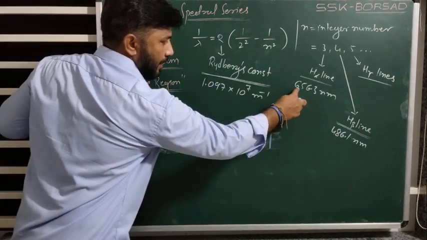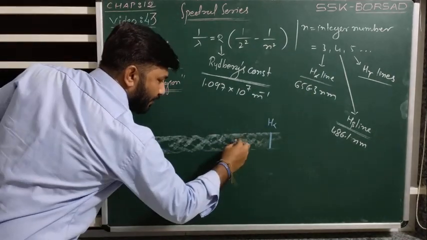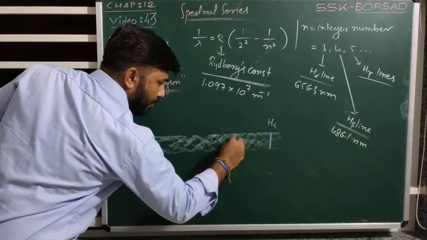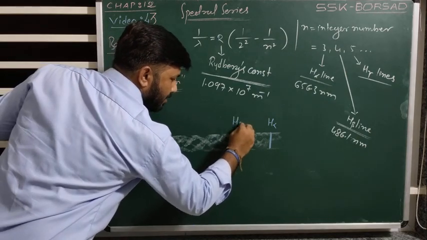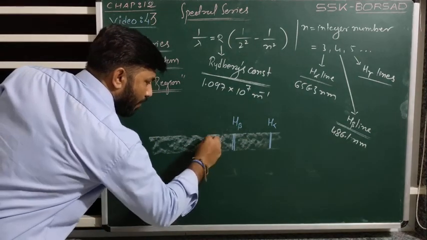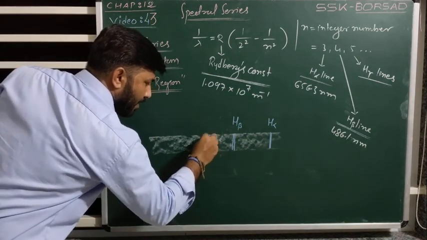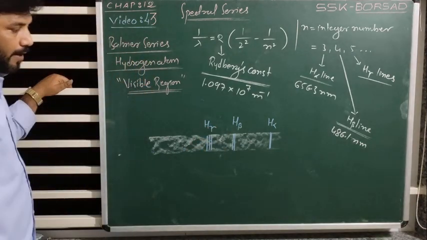Its wavelength is 656.3 nanometer. Then after some distance, which line will you get? H beta line. Then as you go away, the lines become closer. That is H gamma line.